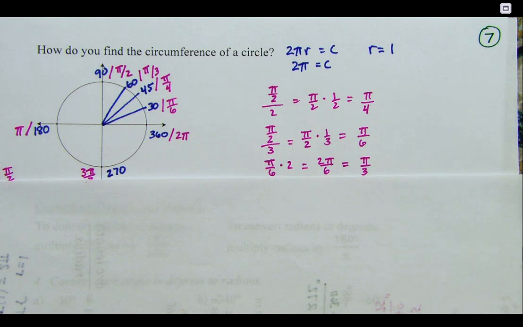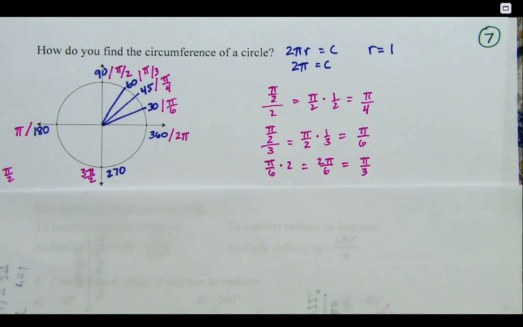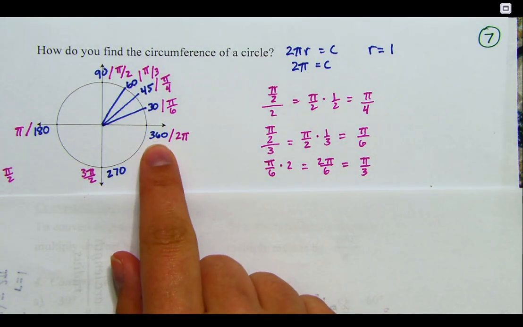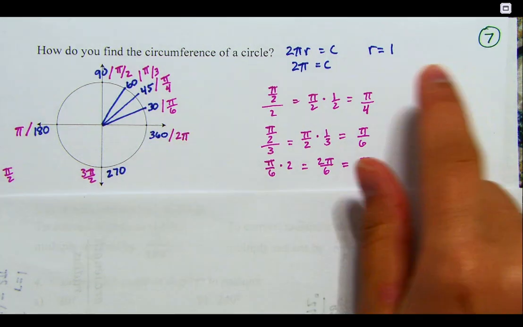So we want to be able to come up with a nice conversion ratio to go from degrees to radians. Now again, when we're looking at this, we're looking at its equivalent degree and radian. We started off with 360. We used the circumference formula to come up with this 2 pi, because remember our radius is 1.